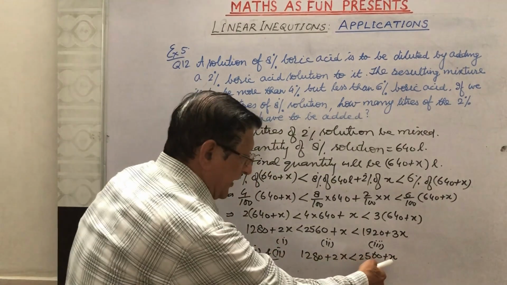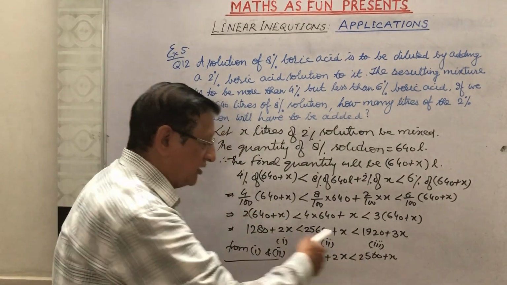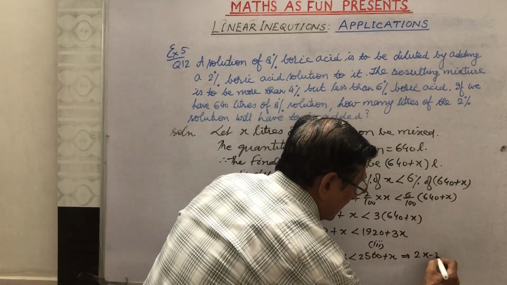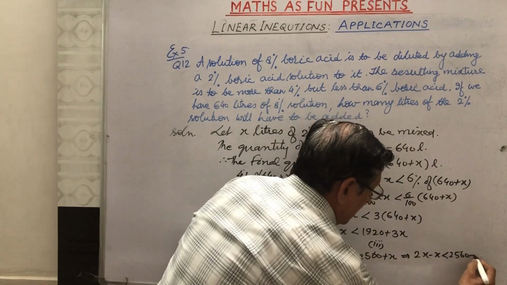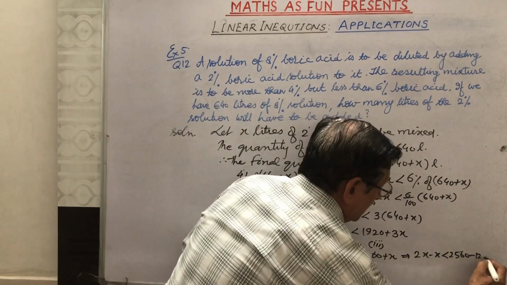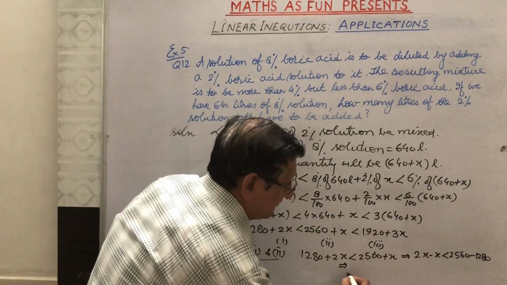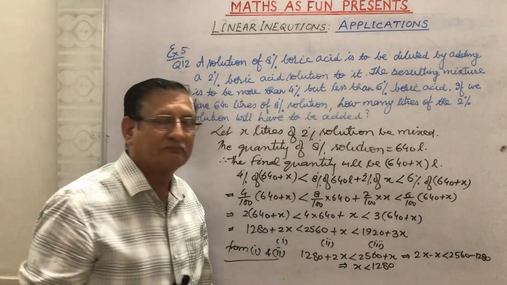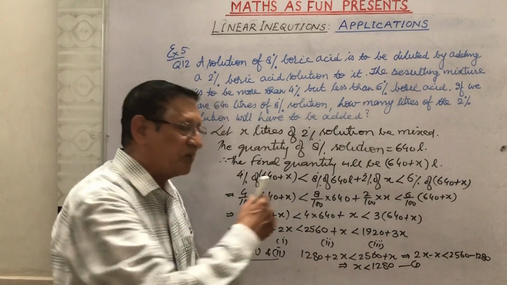If we subtract x from both sides and also 1280 from both sides, we get 2x minus x is less than 2560 minus 1280, which gives us x is less than 1280. This is the first solution we are getting from the first and second parts.